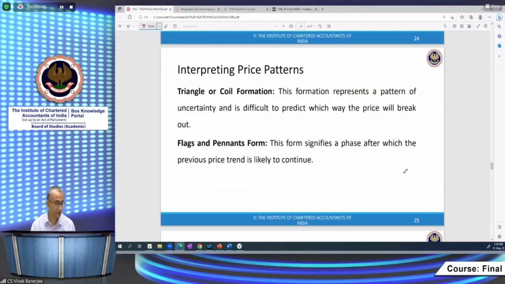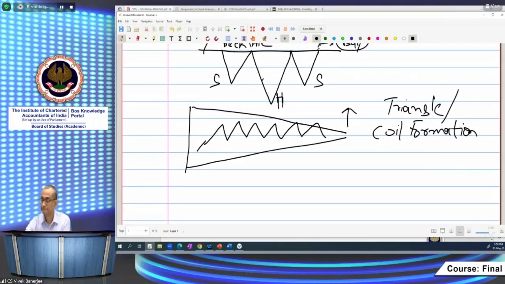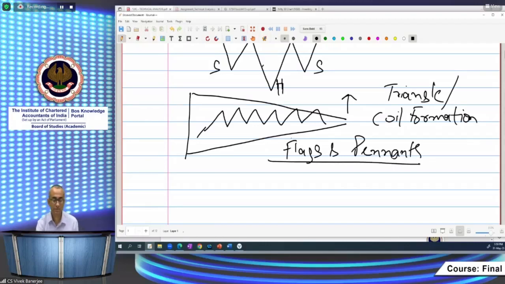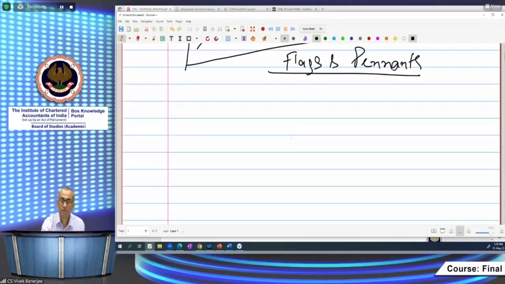Flags and pennants. अब फ्लैग्स एंड पेनेंट्स देखते हैं हम लोग. सबसे पहले लेट अस सी द फ्लैग्स. फ्लैग्स फ्लैग के शेप में ही होता है.